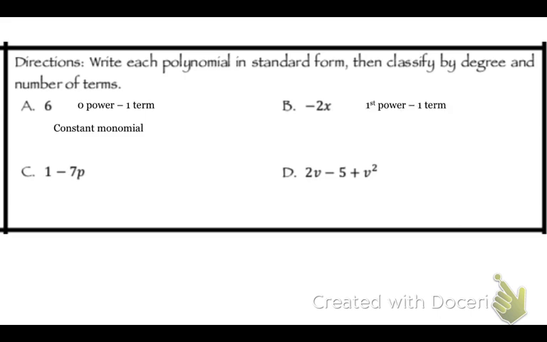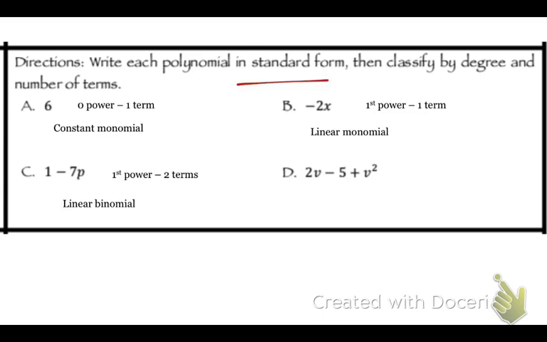B, that's the first power, and there's 1 term. So that would be a linear monomial. Now I need to write this one in standard form. I'm going to do it after we classify it. So there's first power because of the p, and there's 2 terms. So that's a linear binomial.